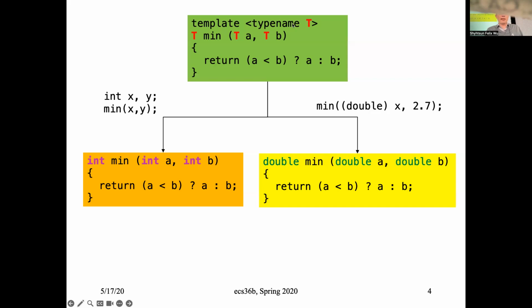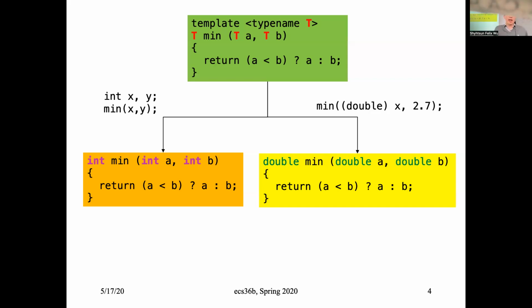If you think about what a template looks like, it has a keyword template, and then within a pair of smaller than and greater than signs you can put one or more types. That's going to be used in the following template construction.